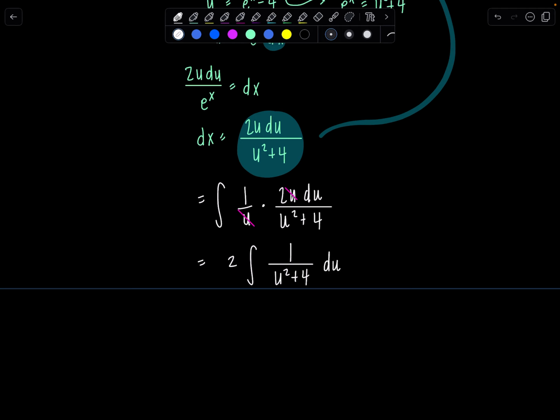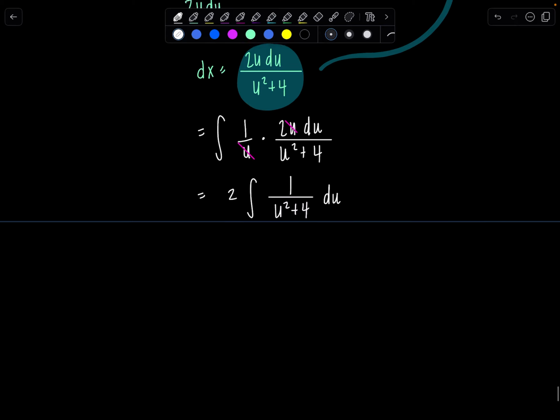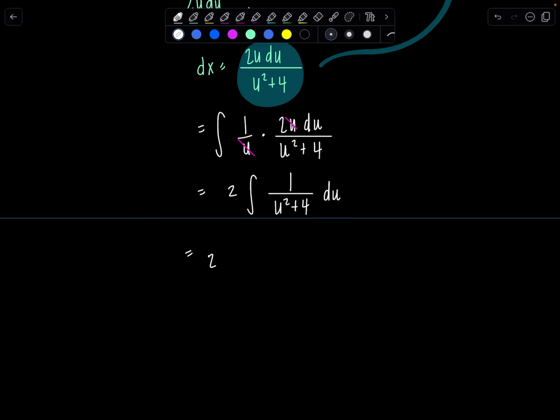And then hopefully you recognize this is going to involve tan inverse. Because we have the 4, then I'm going to have a 1/2 in the front, tan inverse of u over 2. So we've got this 2 that's just coming along for the ride. Then I'm going to have a 1/2 tan inverse u divided by 2 plus c.